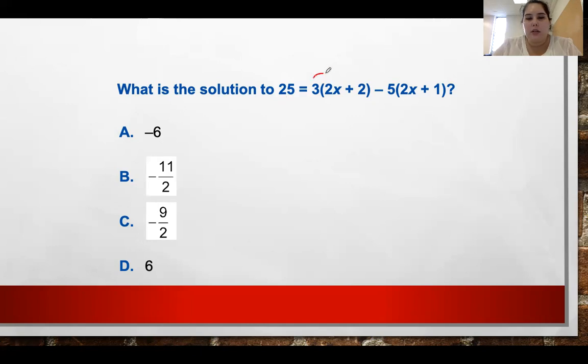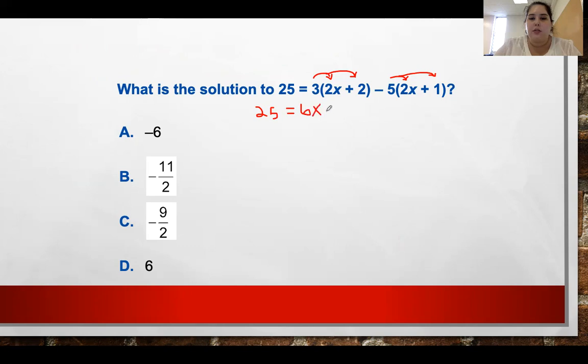So what we're going to do here is distribute. Again, I like drawing those arrows so I remember that I need to distribute to everything inside the parentheses. So we're going to bring down that 25 because we're not going to touch it until we're closer to the end. We're going to do 3 times 2x, which gets us 6x.